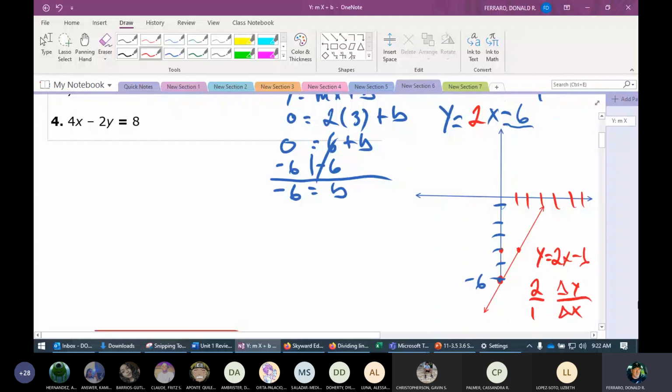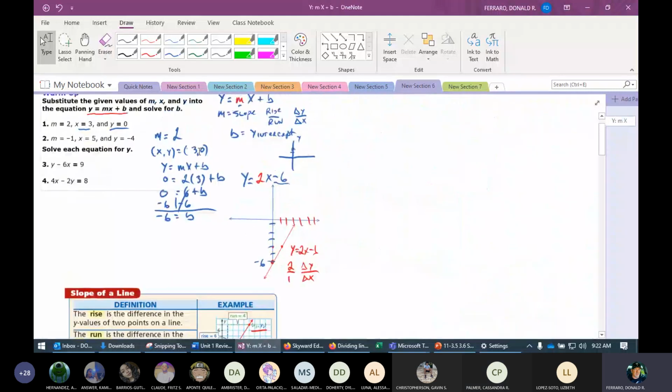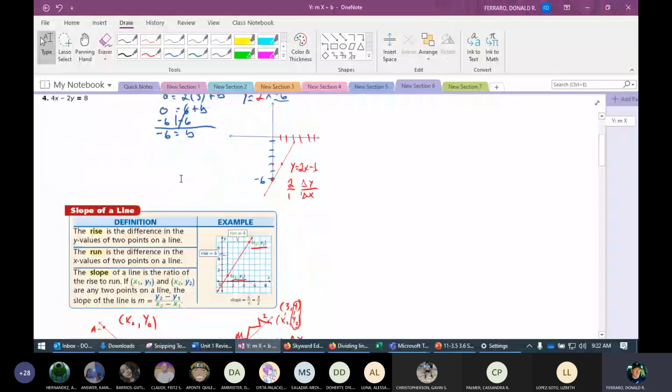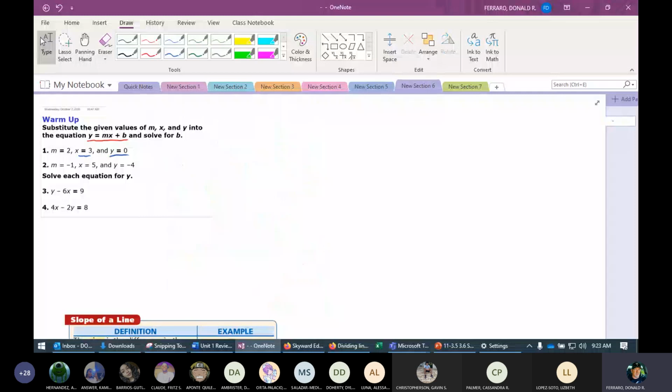We good with that? That makes some sense? All right. So let's make this a little bit smaller, and let me erase this stuff.